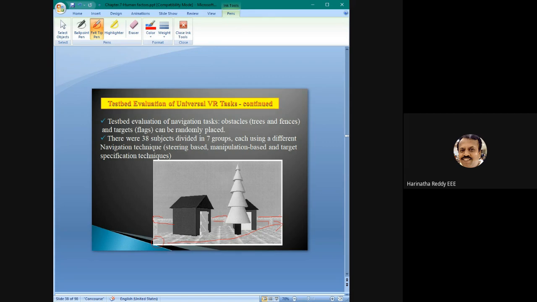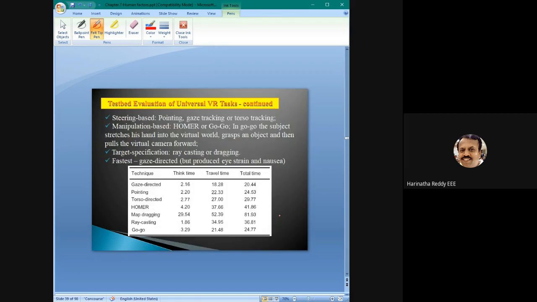All the 38 subjects are divided into 7 groups, and each group is using a different navigation technique. Maybe group 1 uses steering based, group 2 uses manipulation based, and so on. It is observed that steering based includes pointing, gaze tracking, or torso tracking.